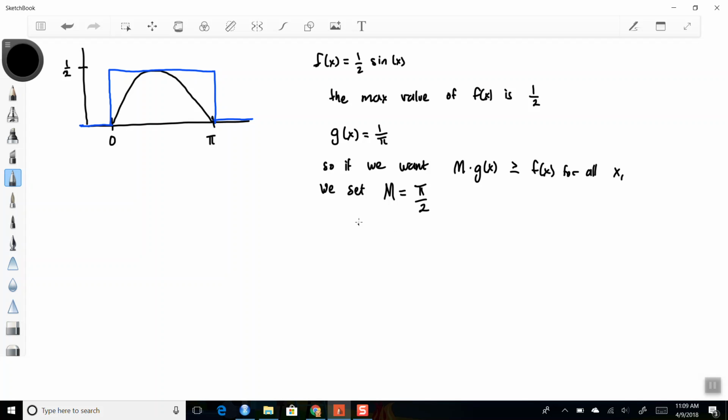Because then m times g of x will be pi over 2 times 1 over pi, which will equal 1 over 2 for all x, which is greater than or equal to f of x for all x between 0 and pi.